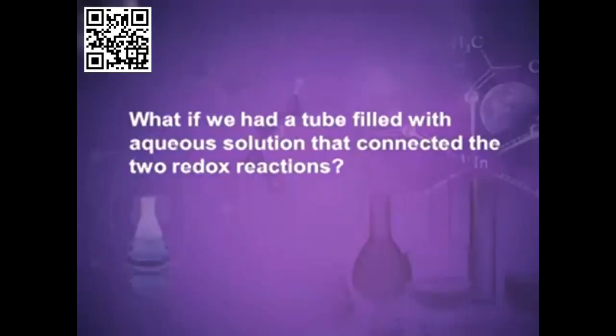Let me tell you what will happen if we connect the two solutions through an inverted U-tube that is known as a salt bridge. Let's see. What if we had a tube filled with aqueous solution that connected the two redox reactions?